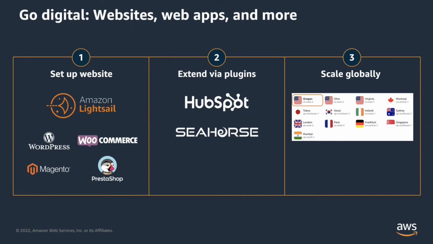So think about how, if you're a smaller business, you can build your online presence quickly by setting up a website on LightSail, because smaller businesses rely a lot on websites or mobile applications to promote products or solidify branding and differentiate themselves from other competitors.